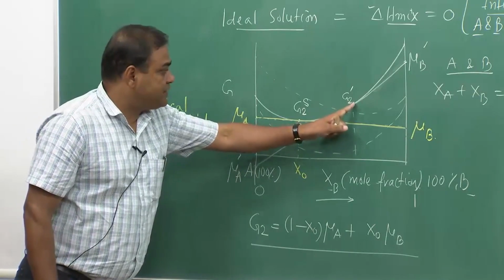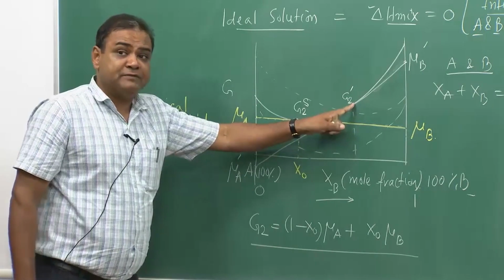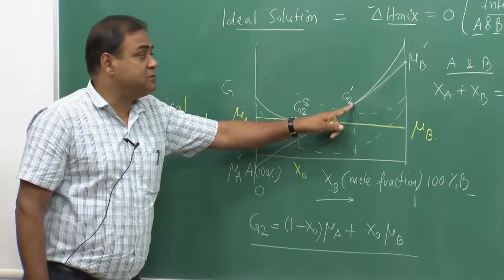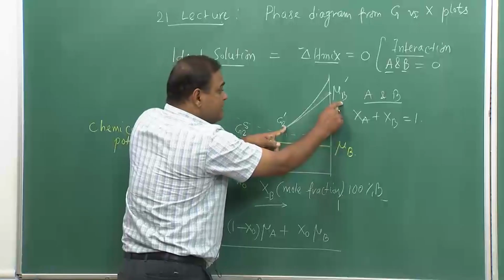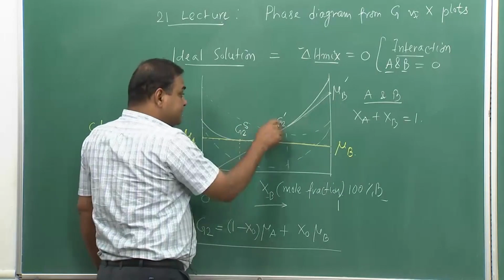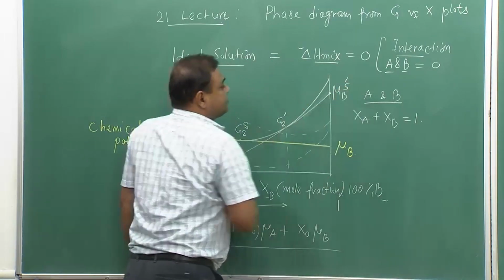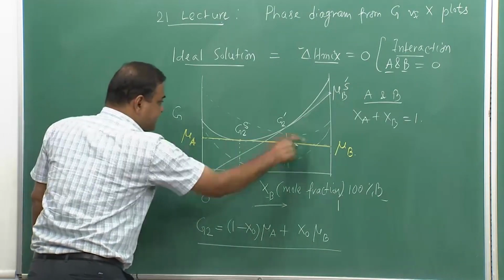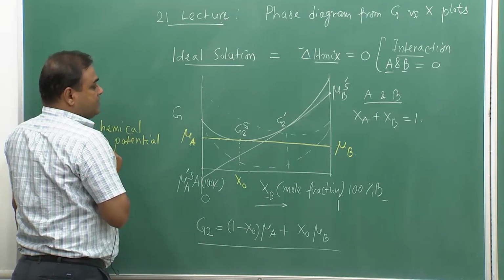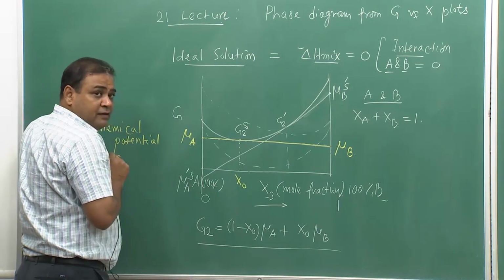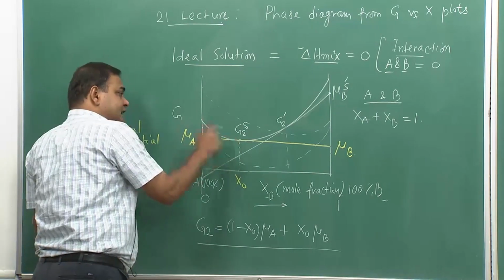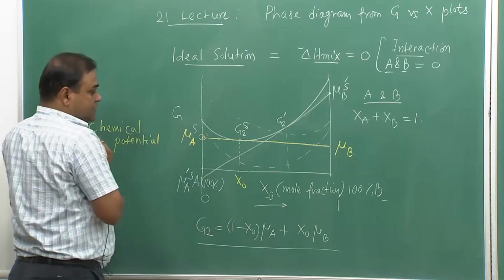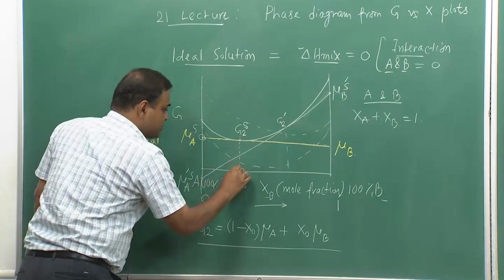For example, the chemical potential of B at this composition would be this one, and this chemical potential would be for that particular phase, which is S, solid, and similarly this is also for S. Similarly, the chemical potential of A in that solid would be this value, and that corresponds to this composition.